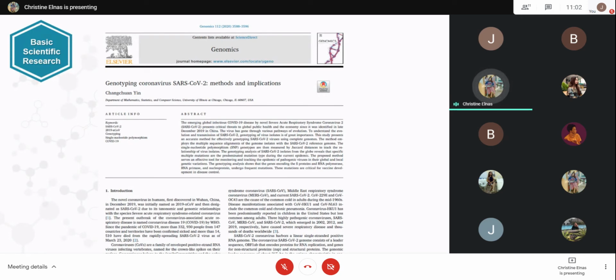The genotyping analysis of SARS-CoV-2 isolates from the globe reveals that specific multiple mutations are the predominant mutation type during the epidemic.